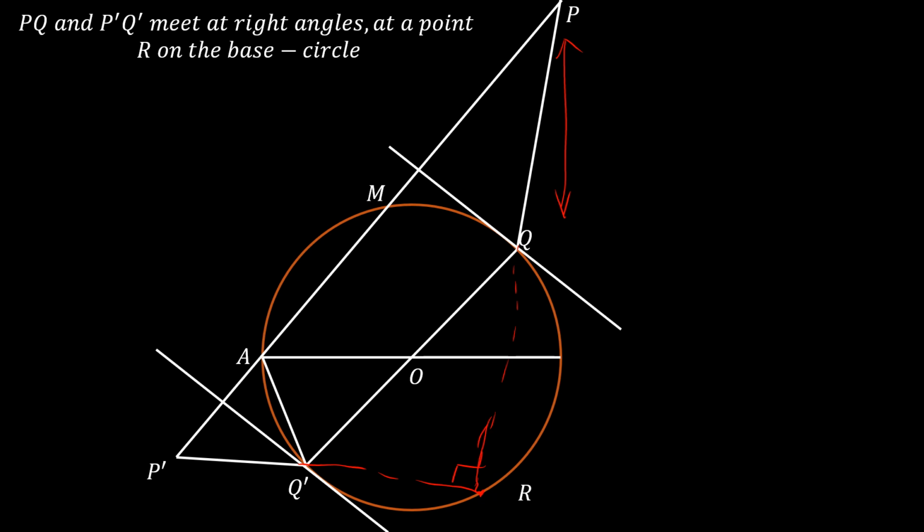We need to show that. And that we can show if this is an angle phi, this angle should be 90 minus phi, so that in the triangle PP prime R, these angles are going to add to 180 degrees. And by showing that, we should be able to prove that they meet at a right angle.